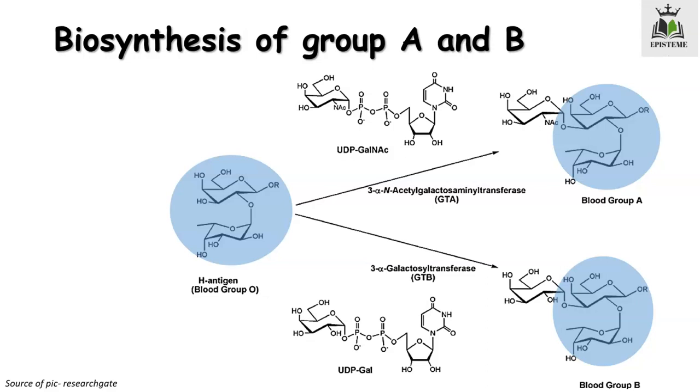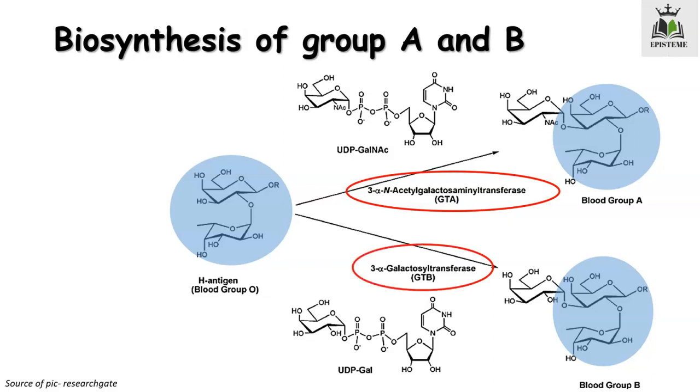There are two types of enzyme, GTA and GTB. If a person has GTA, that means alpha 1-3 N-acetylgalactosaminyltransferase enzyme, they will utilize the UDP-GalNAc substrate, that is uridine diphosphate N-acetylgalactosamine.